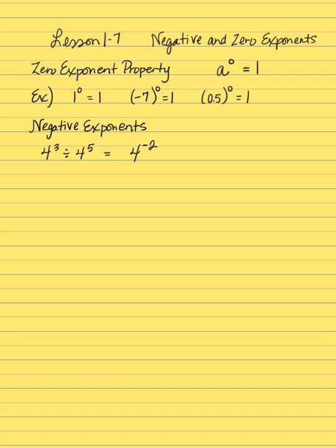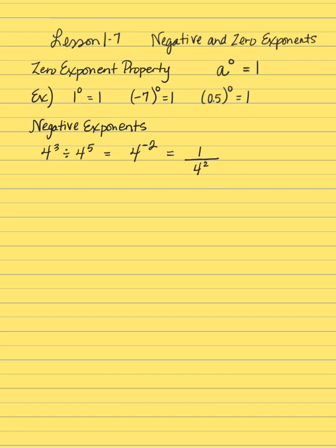In that case, what you should always do is rewrite it. You take the power that's got the negative exponent, rewrite it as a fraction, and put it on the bottom. So basically you're moving it from the top to the bottom, and that turns it positive. And a 1 goes on top as a placeholder.